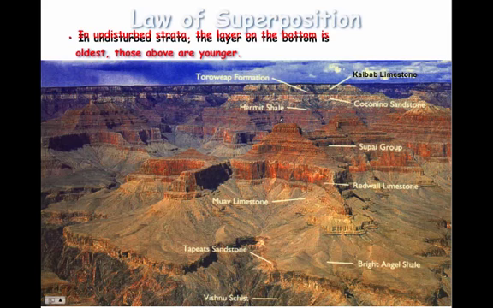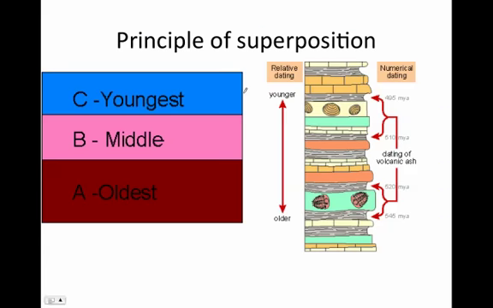So let's talk about an example of one way geologists use relative dating. This is called the law or theory of superposition, and it says in undisturbed strata, which are layers of rock, the layer on the bottom is oldest and those above are younger. So it might look like this.